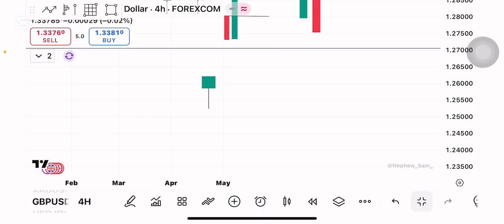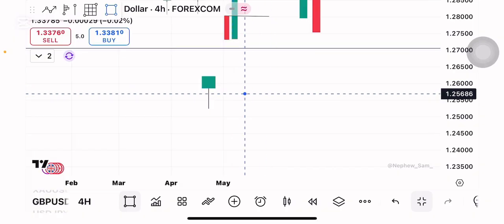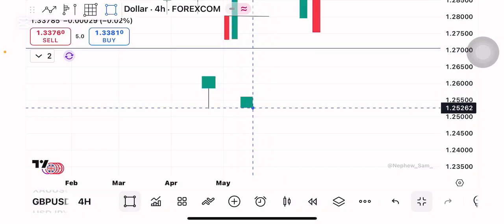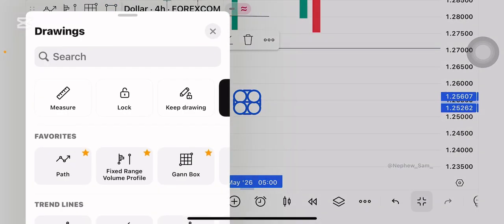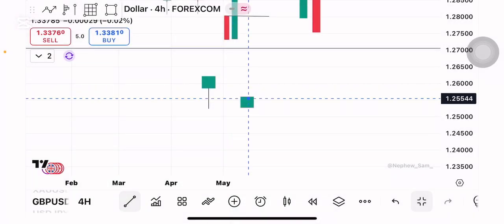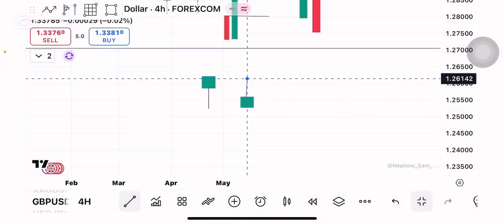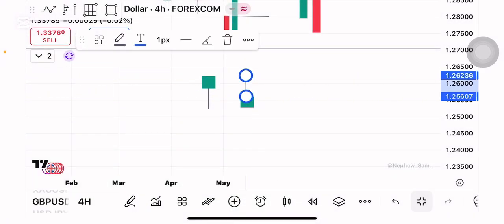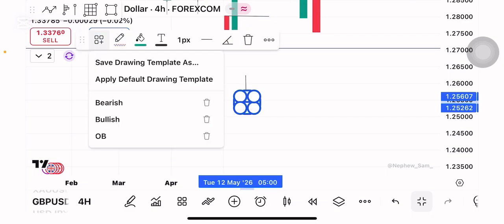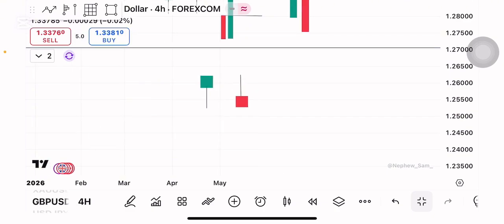So this is a bullish pin bar. And this is a bearish pin bar. So these are pin bar, or you can call it hammer. Pin bar or hammer. So this is what it is.